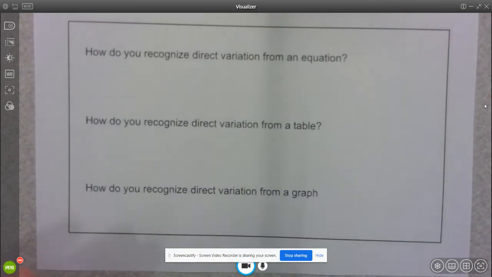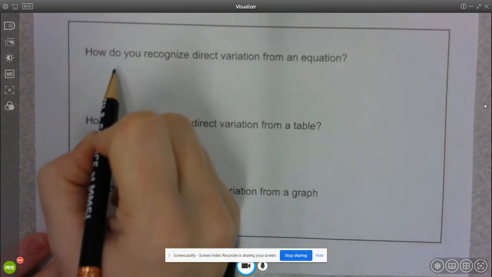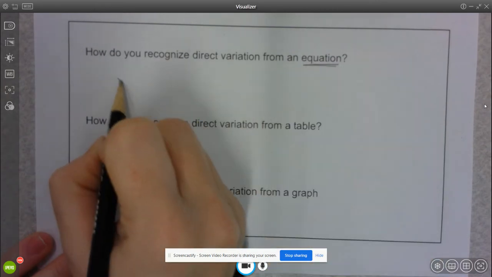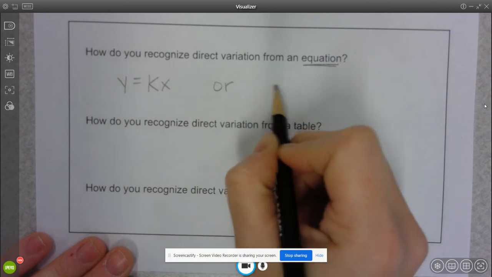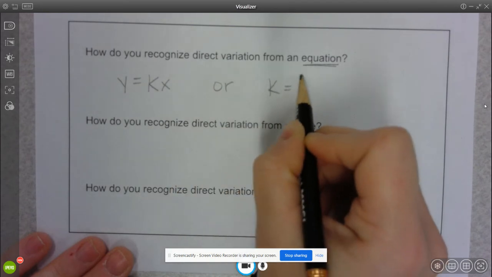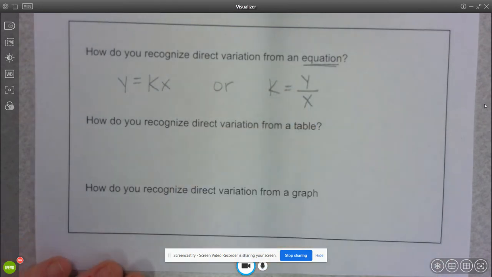All right. Recognizing it from an equation, I would be looking for something in the form of y equals kx or k equals y divided by x.